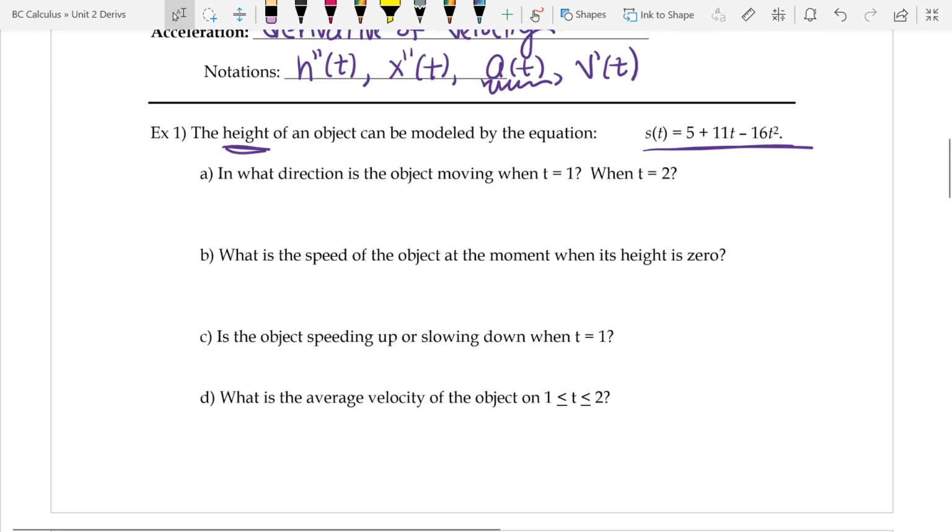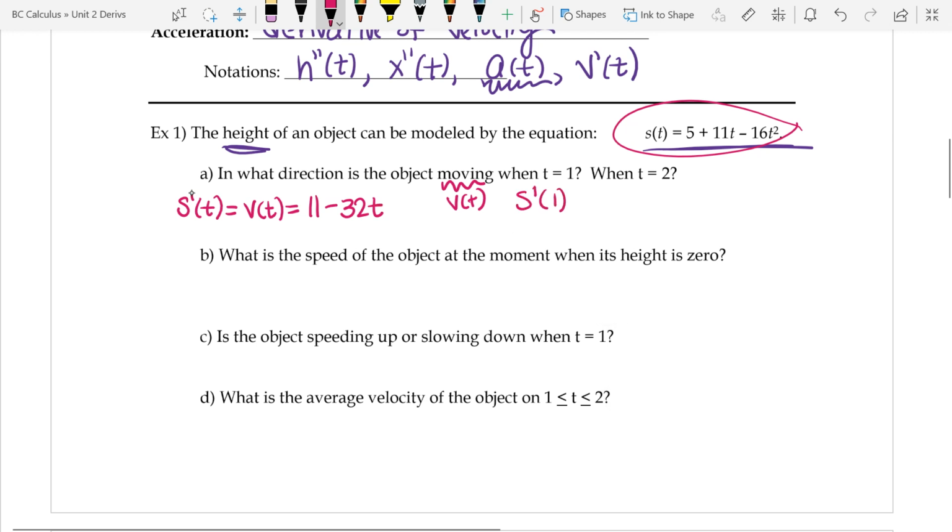So I have the height of an object can be modeled by this equation here. Fantastic. In what direction is the object moving when t equals 1 or when t equals 2? If I am moving, I want to look at my velocity. So what I'm going to do here is take s of t and say s prime of t, which is v of t, is my derivative, and that's going to be 11 minus 32t.